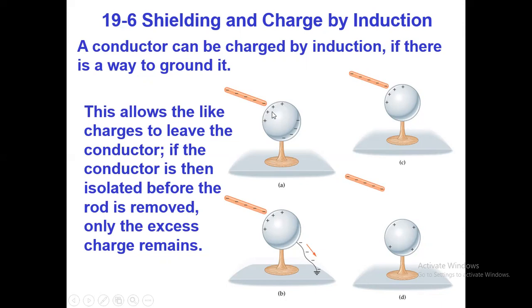If we ground this object in this way, these charges vanish, from A and B towards C. Afterwards, if we remove the negatively charged rod, the whole surface remains with positive charges. That's how we positively charge a particular object by this technique, and only positive charge exists in that body.